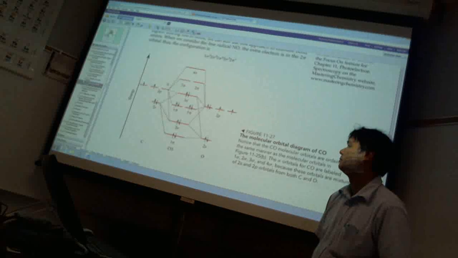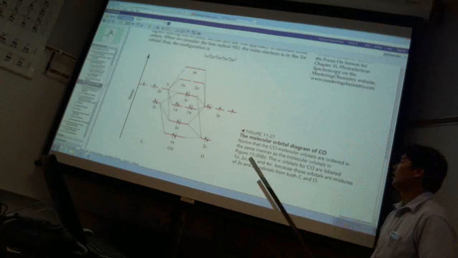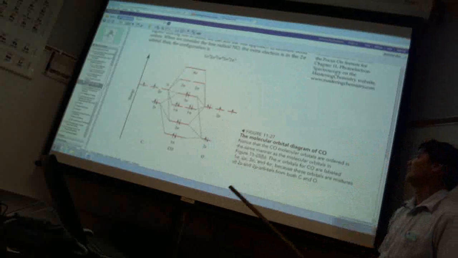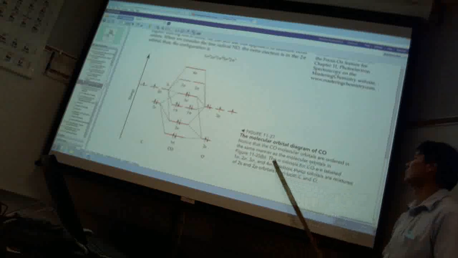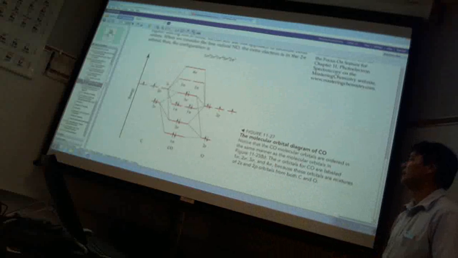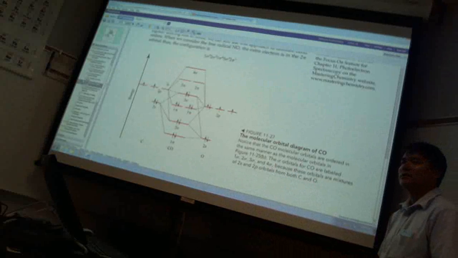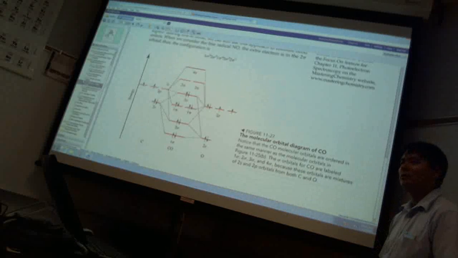What is 3 sigma? This is their labeling system. Don't worry about the naming of it. But notice that the carbon monoxide molecular orbitals are ordered in the same manner as which one? The Z less than 8 or the Z greater than or equal to 8? Less than.